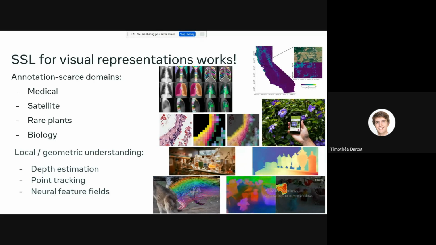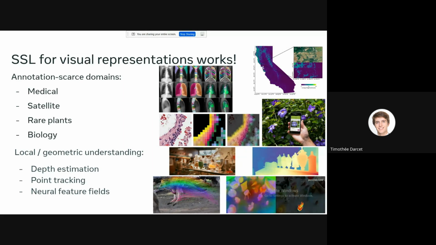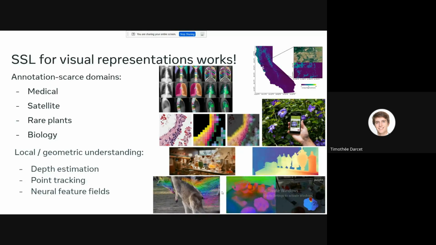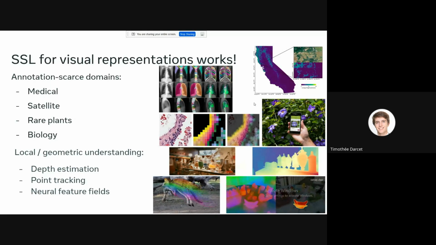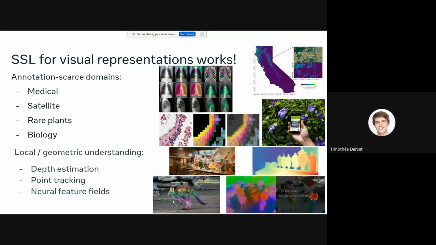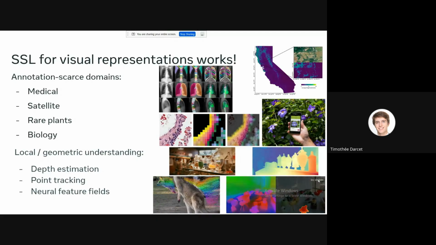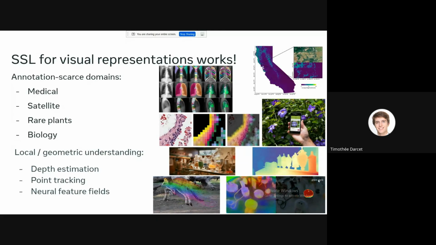Although I'm sure some people could make things better than DynoV2, DynoV2 is really a go-to for now. All of these are applications that were made using DynoV2, and things like dense keypoint tracking and depth estimation are really helped by self-supervised learning.